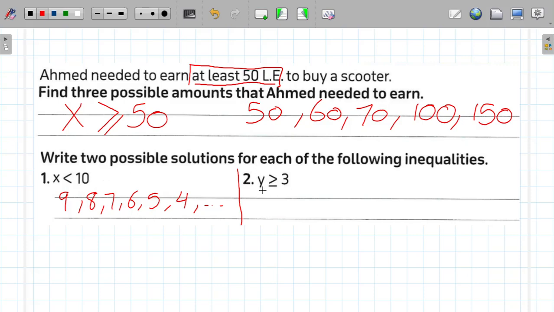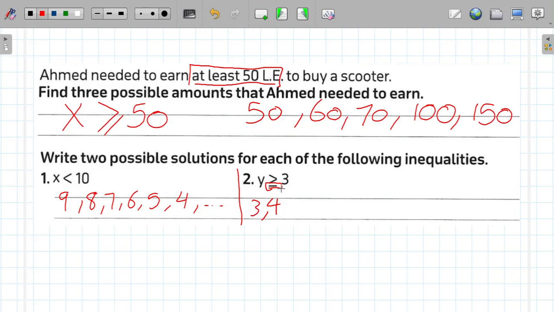Okay, here I have y greater than or equal 3. So I can say y equals maybe 4, maybe 3, because I have here the equal sign. So I can say 3 is acceptable.